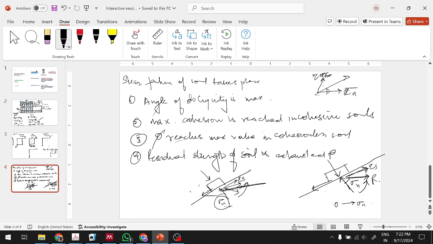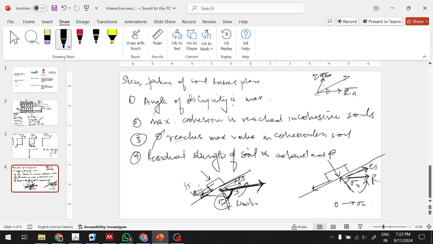We call it the limiting friction angle. Above that, the resultant will be here, and the block will simply start moving. So this maximum friction angle before the movement takes place is the limiting case.